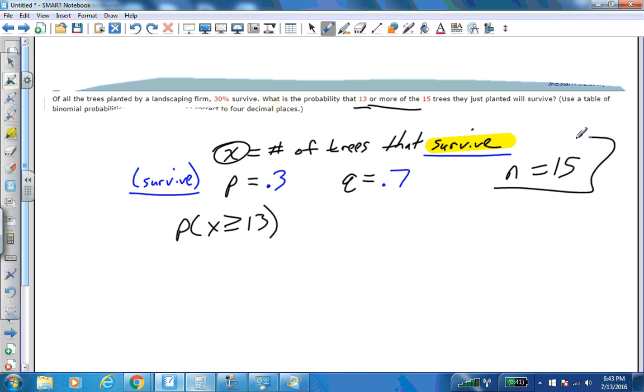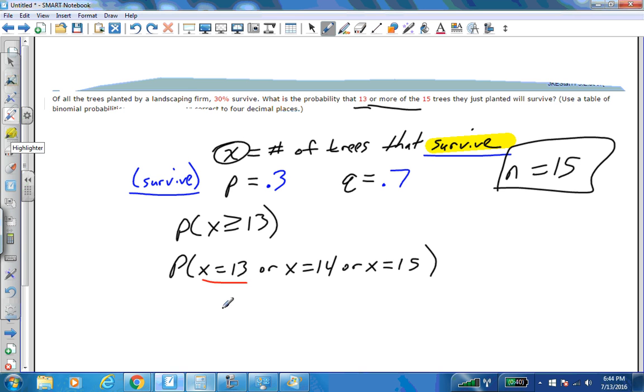Well, if we have 15 trials, that means the probability of X being 13 or X being 14 or X being 15. Since these are independent events and they're mutually exclusive, if we have exactly 13 surviving trees, then we don't have exactly 14.